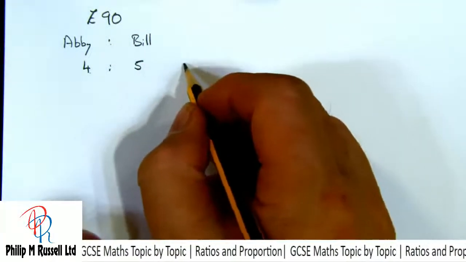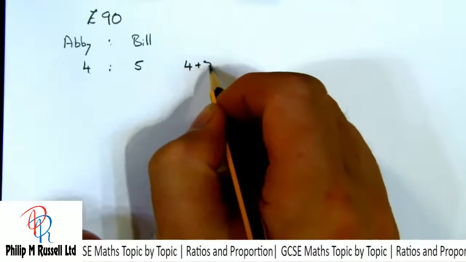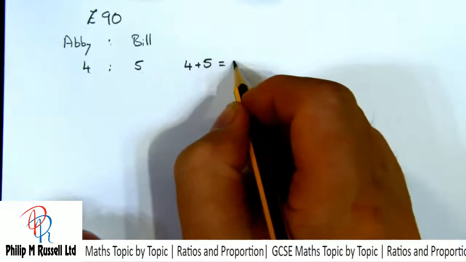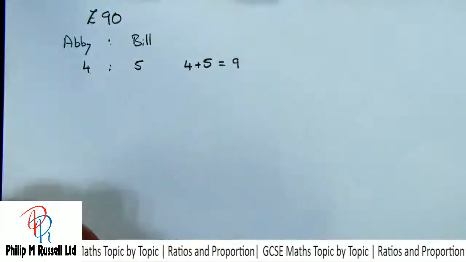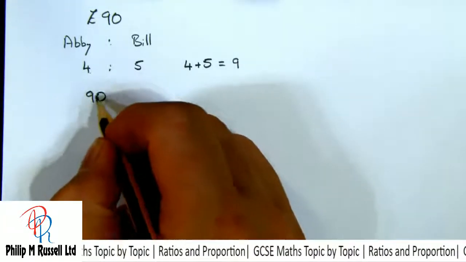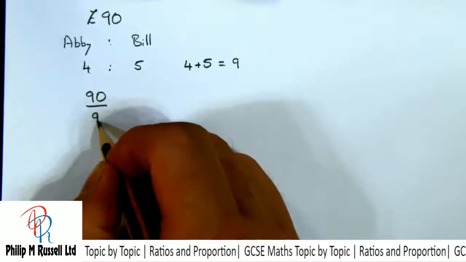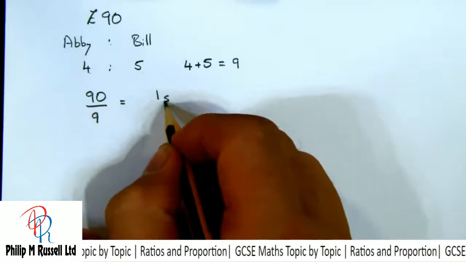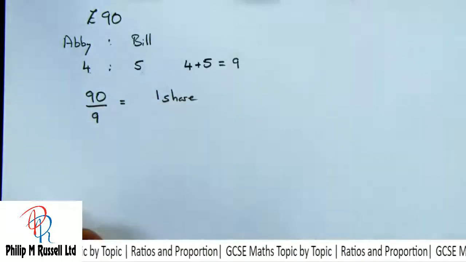So what we do is we add the 4 and the 5 together to give us 9. We then take our £90, we divide it by 9 to find out what 1 share is.